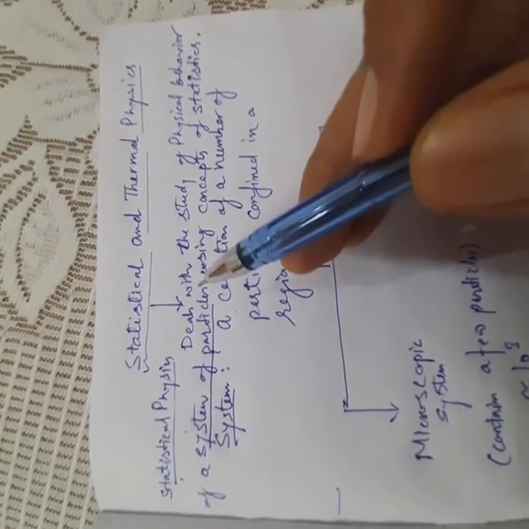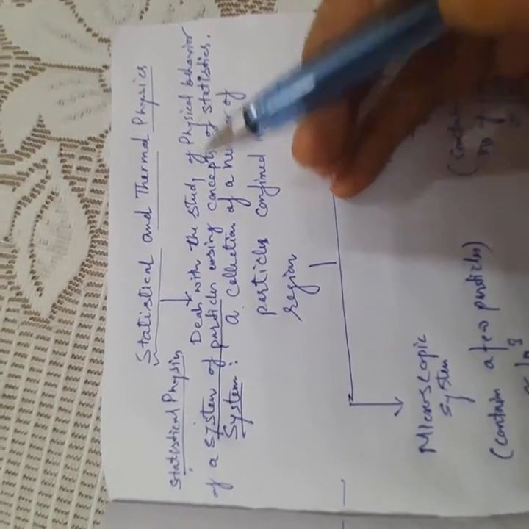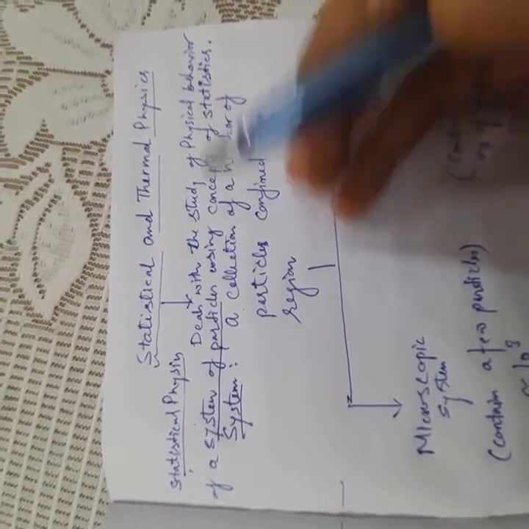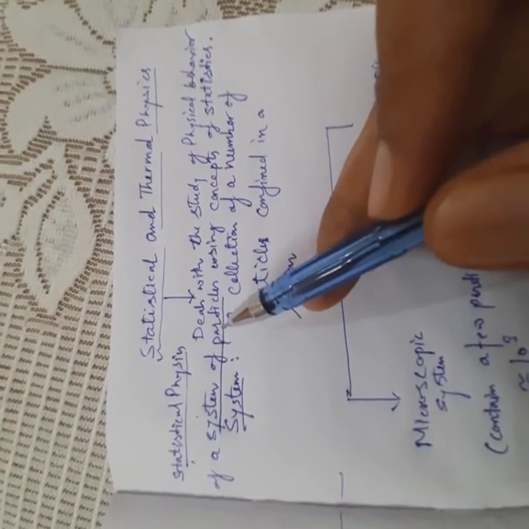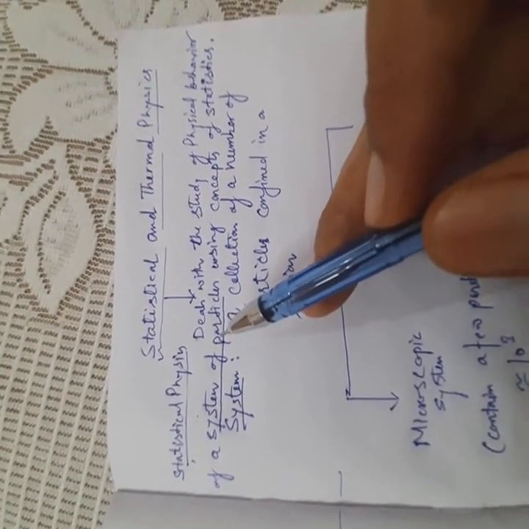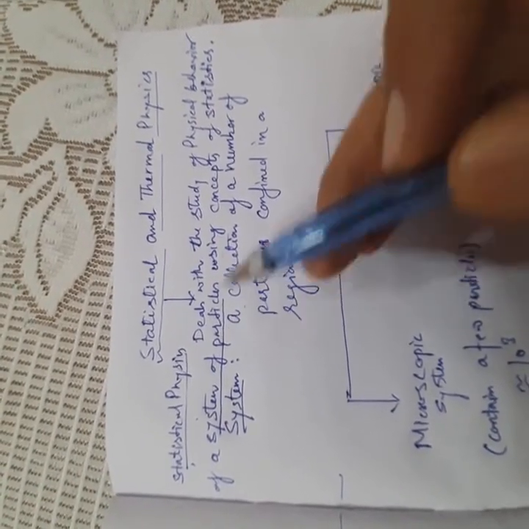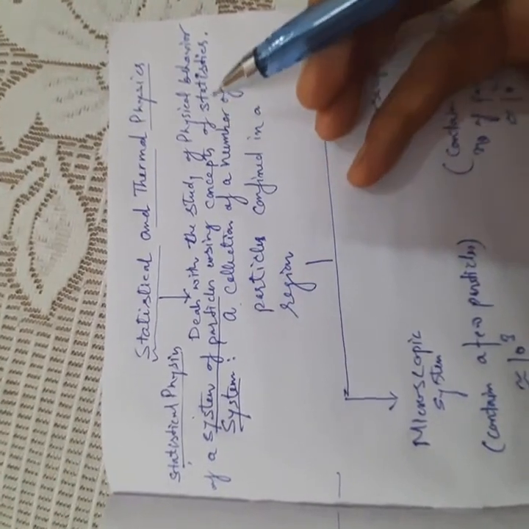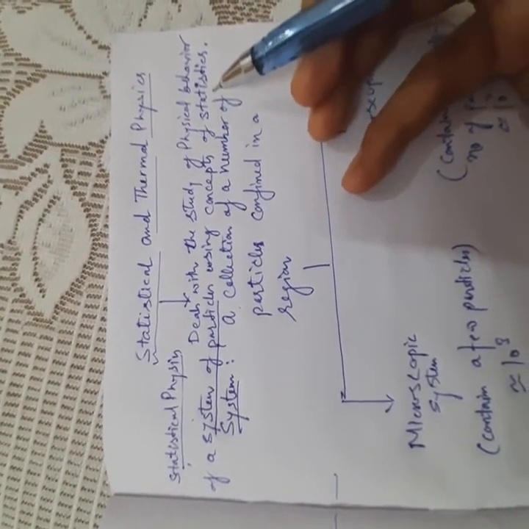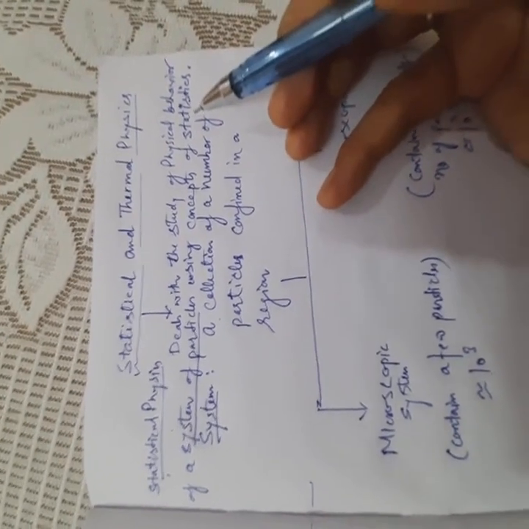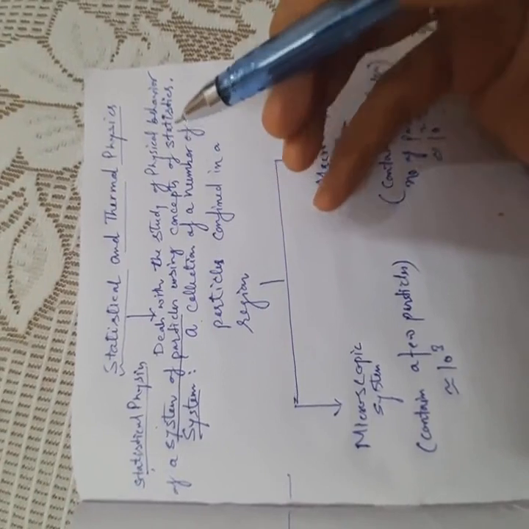We will study the physical behavior of a system of particles, एक सिस्टम ऑफ पार्टिकल है, उसका जो फिजिकल बिहेवियर है उसे we will study with the help of the concepts of statistics. Statistics is a particular mathematical tool. Statistics आप लोगों ने पहले भी स्टडी कर रखा है, you remember in your lower classes, right?